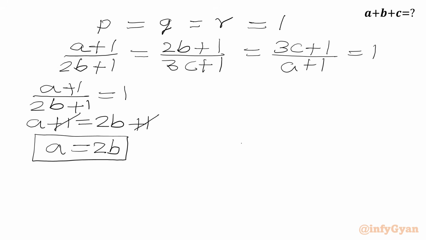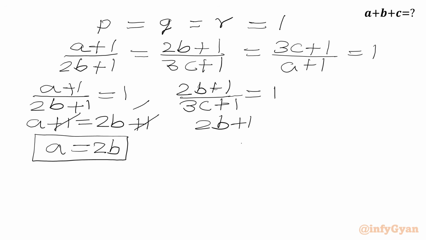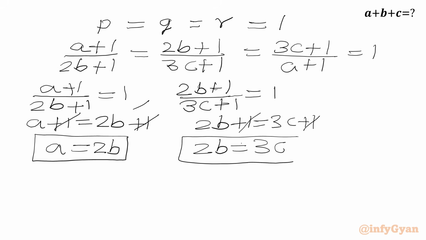Now from the second equation I will write 2b plus 1 over 3c plus 1 equal to 1. Let's cross multiply. We will get 2b plus 1 equal to 3c plus 1. After subtracting 1 from both sides, we will get 2b equal to 3c. So a equal to 2b equal to 3c.